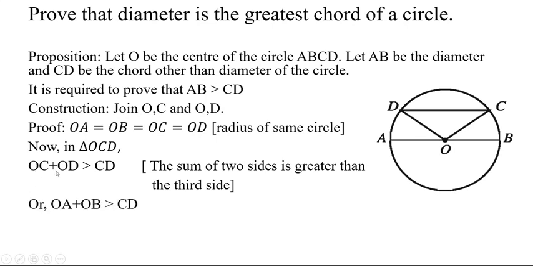Replacing OC and OD by OA and OB, we can write OA plus OB is greater than CD. But the sum of OA and OB is AB, that is, AB is greater than CD, and it is our required proof. So we can say the diameter is the greatest chord of a circle.